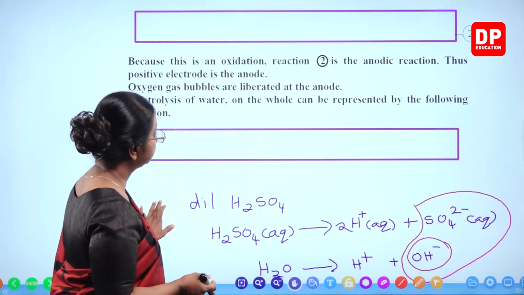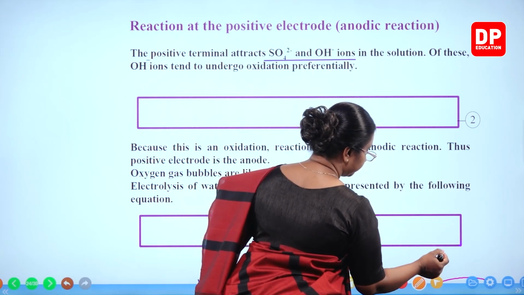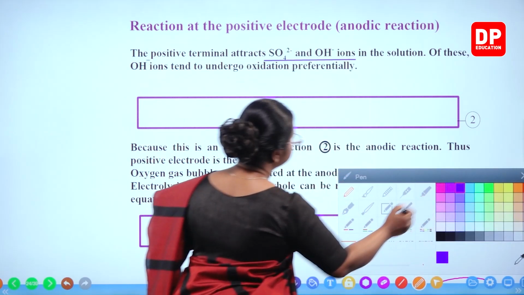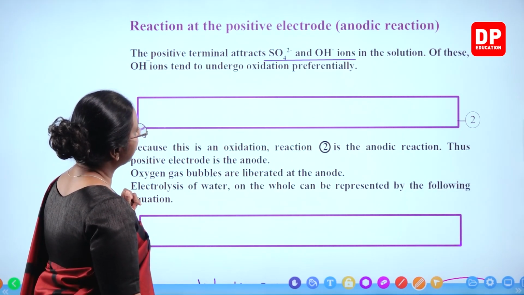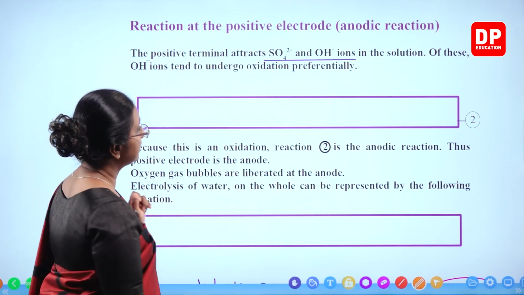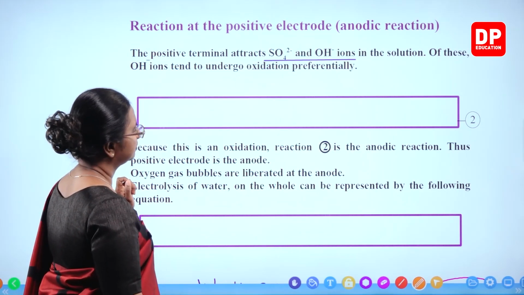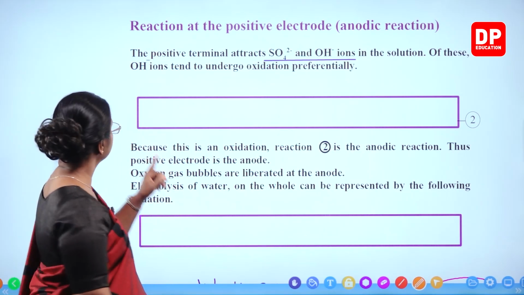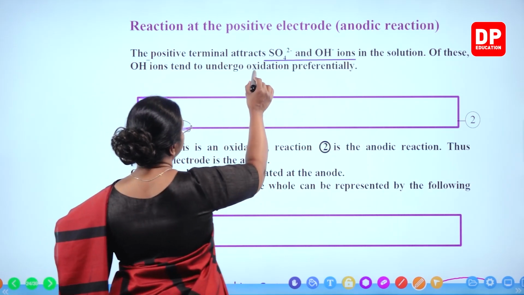So, if we look at the reactions, the positive terminal attracts sulfate ion and OH minus ions in the solution. Of these, I repeat, the OH minus ions tend to undergo oxidation preferentially.